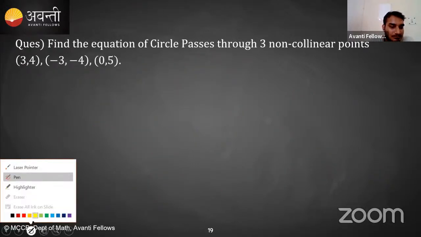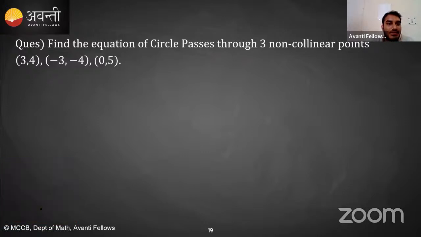Question is asking us to find the equation of circle passes through 3 non-collinear points. These are the 3 non-collinear points. Okay. So everyone, please focus here.